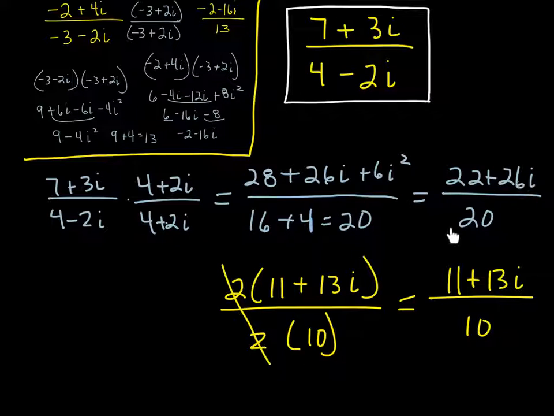Okay, now recognize that you can divide out a 2 in both the numerator as well as the denominator, which I did down here, because 2 times 11 plus 13i gives you this, and 2 times 10 gives you that. And so since 2 divided by 2 is just 1, we can divide the 2's out of there, and now we're left with this as our answer.